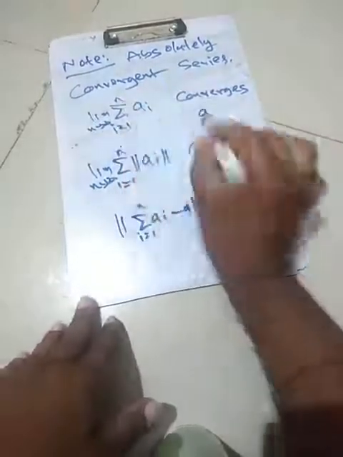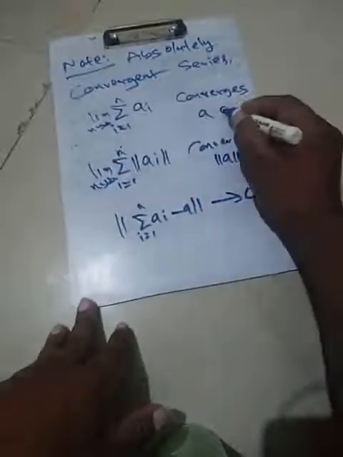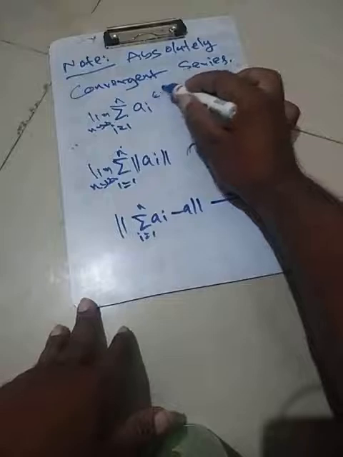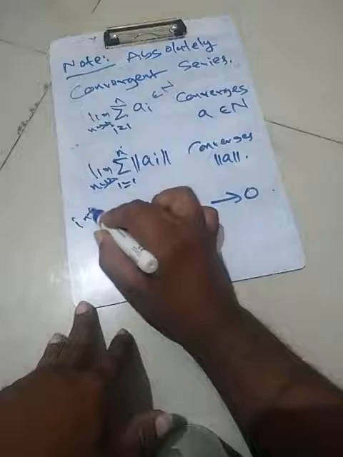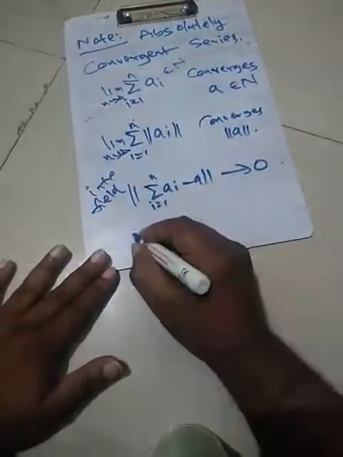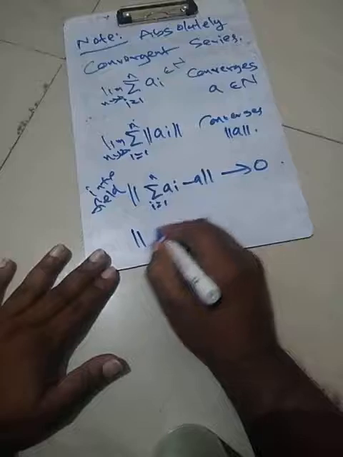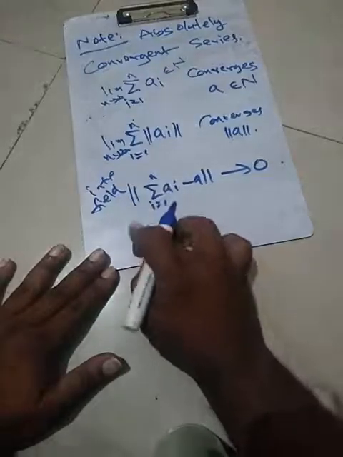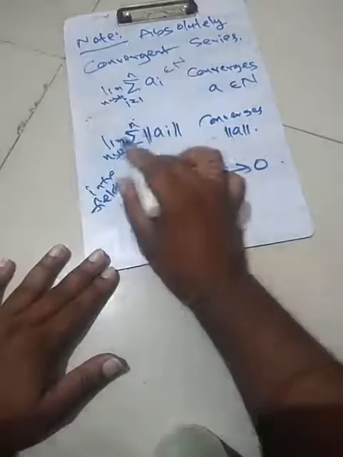Of course, this is happening in a normed linear space, and this is also in the normed space. This is happening in the field. So if the series converges absolutely, then it converges in the norm also. What this means is that here it would be the absolute value rather, because this is just a real number.